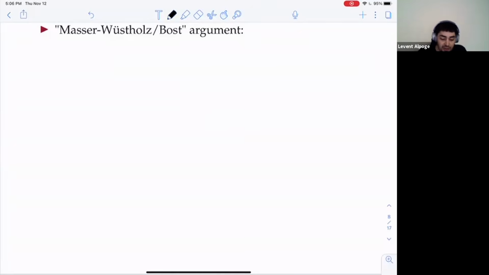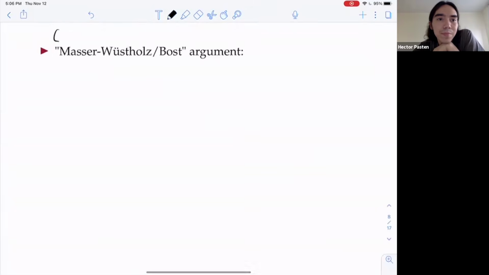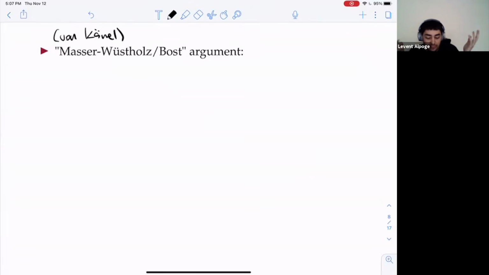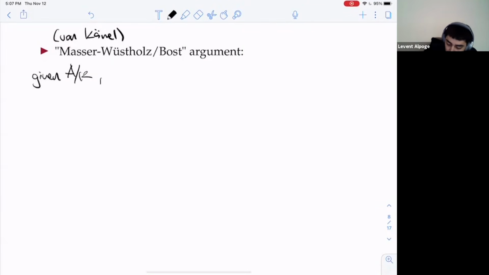Yeah, so I wanted to just show an argument that occurs in Rafael von Känel's work that I refer to as the Masser-Wüstholz / Bost argument. Okay, so the setup is you're given an abelian variety A over K, a general number field, and you want all B over K such that there exists a map.